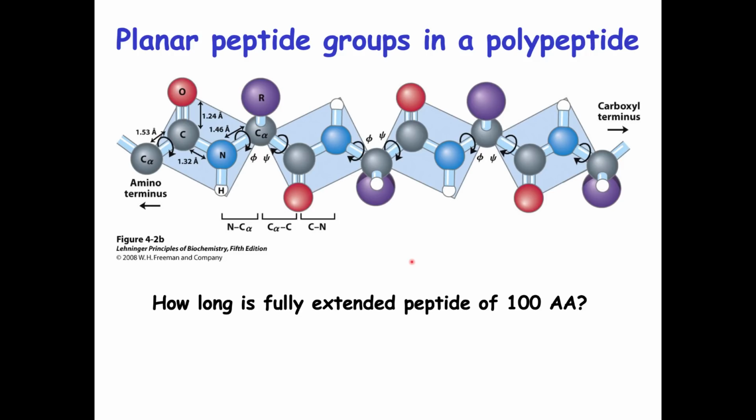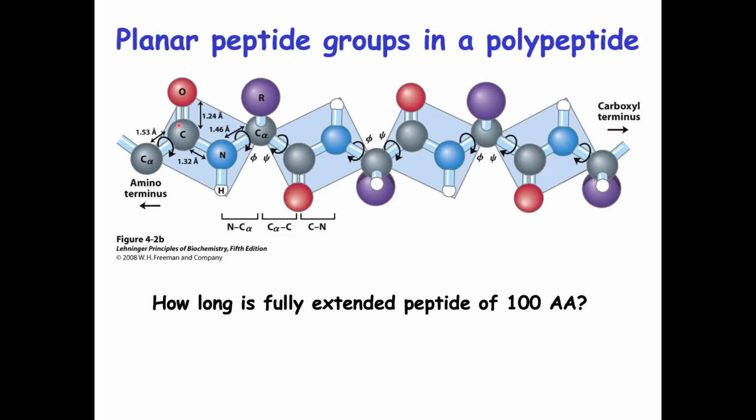Here we see the planar groups in a single polypeptide. So again, this blue shading highlights the planar nature of these peptide bonds, and the consequence again is that this peptide bond here, 1.32 angstroms, is shorter than a typical N to carbon bond, which is 1.46.